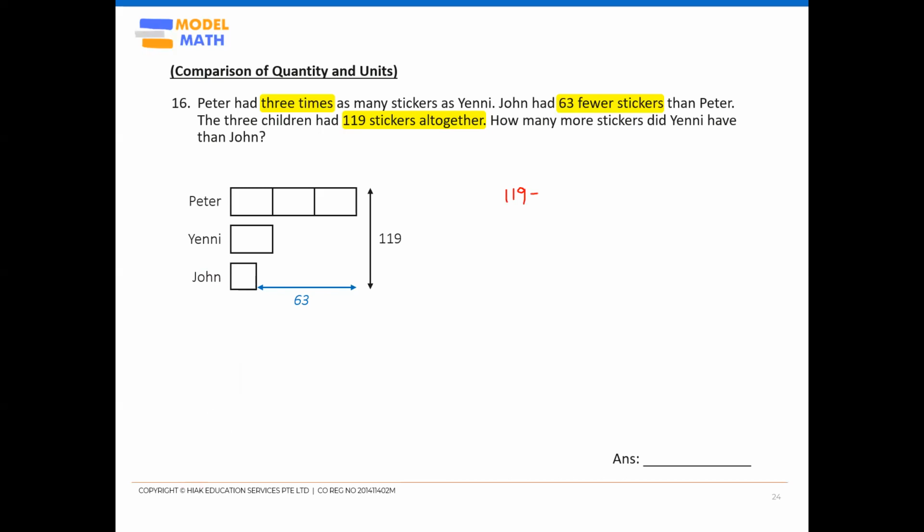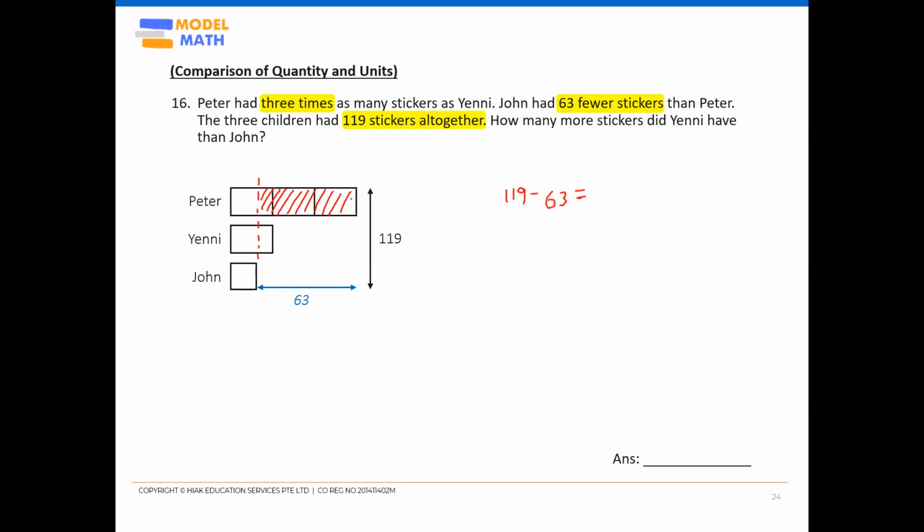Some of you straight away put 119 minus 63. You need to relate this back to the model and understand what 119 minus 63 means. If you take 119 minus 63, then you're saying that I cut this, and I know the top extra portion here is 63, from the red line to the end here. So what you're saying is that I need to take away this portion.